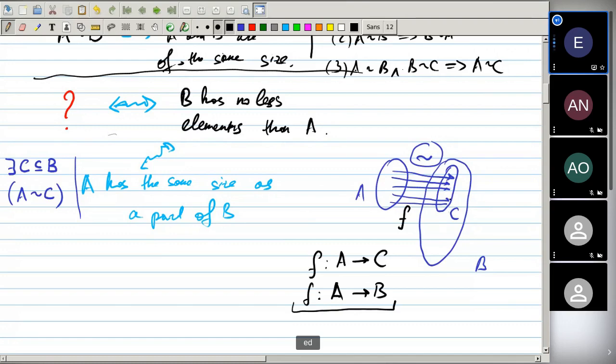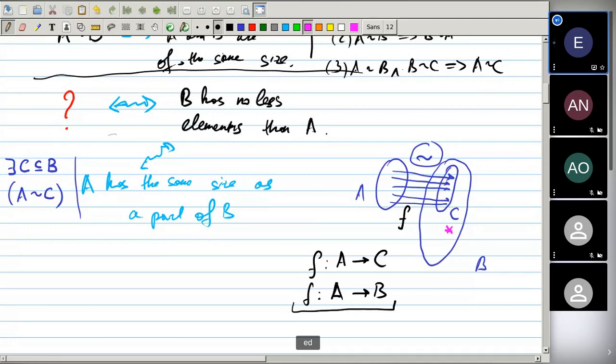Because all its values belong to C, and it is well possible that B has some element which doesn't belong to C. So it is not necessarily surjective, but is it necessarily injective? Yes.